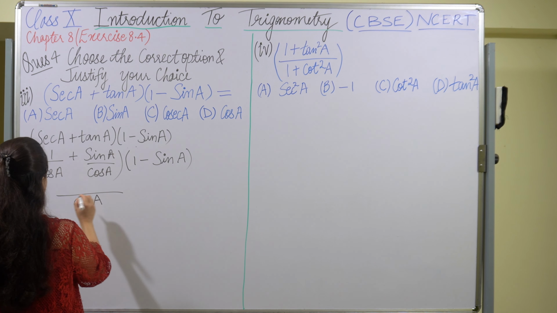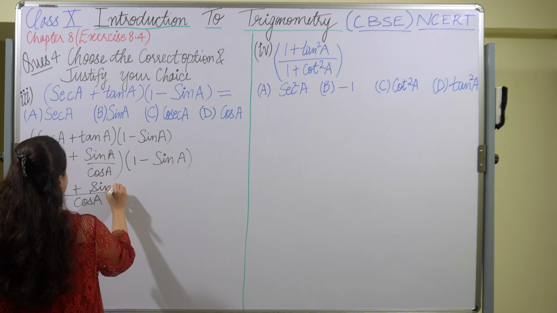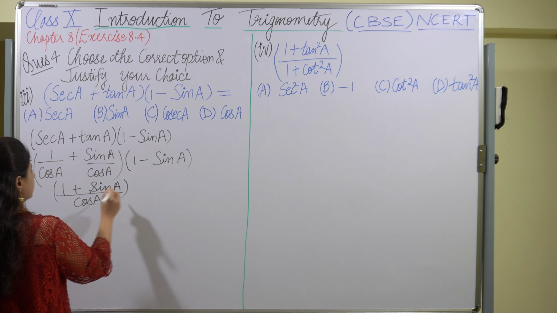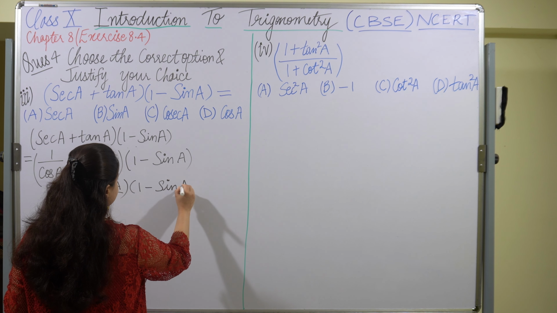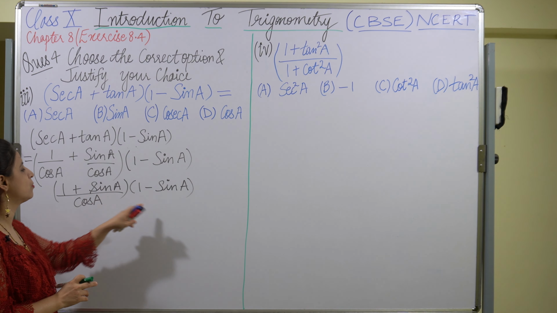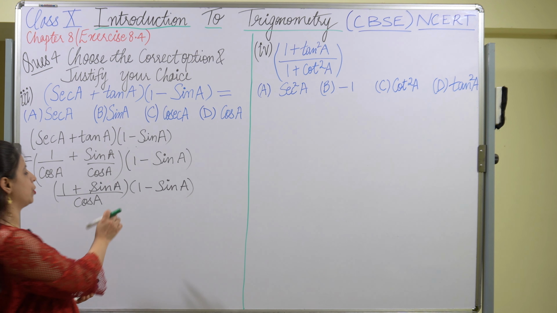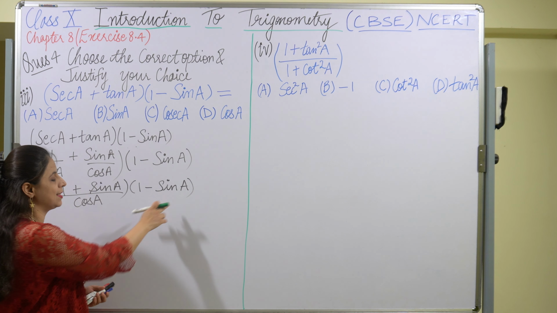So (1 plus sin A) upon cos A into (1 minus sin A). Here forms a formula, A plus B into A minus B. So 1 plus sin A is multiplied with 1 minus sin A.